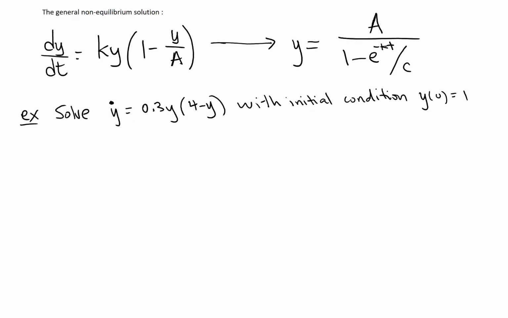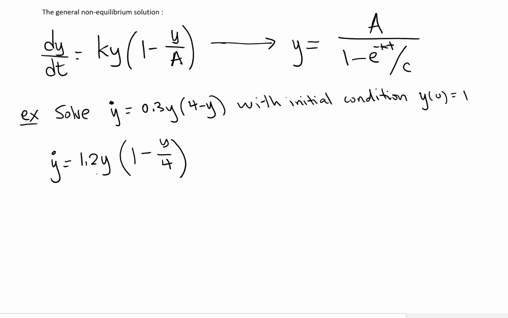in which case we're solving y dot equals 0.3y times 4 minus y, with the initial condition y of 0 is 1. So y dot is 1.2y times 1 minus y over 4, if I just multiply this through and get it into the same form as above, factoring out a 4.